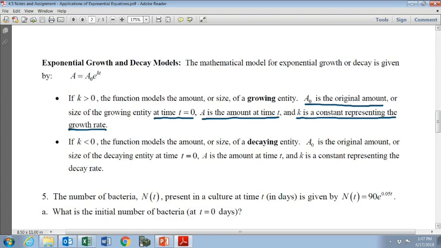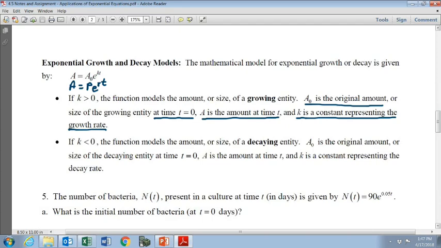Now if you look at this formula closely, A equals A naught times e to the kt power, it looks a lot like the PERT formula. In the PERT formula, P was the starting amount that we put in a bank. Here, it's just the original amount, like the number of bacteria at the beginning, the initial amount.